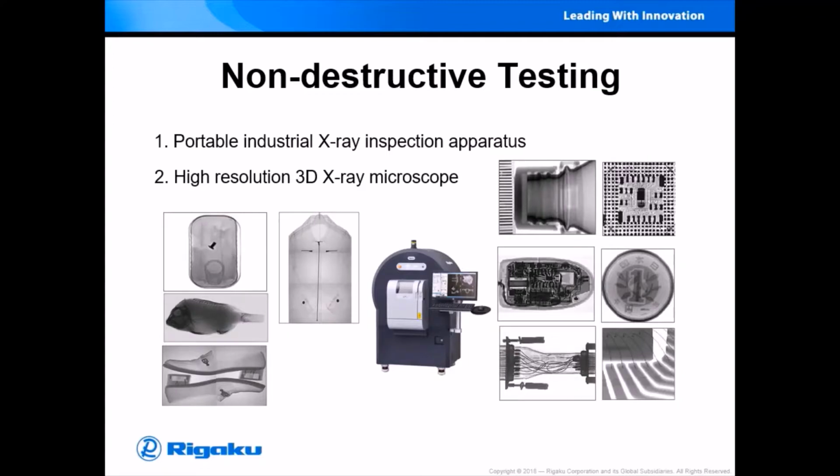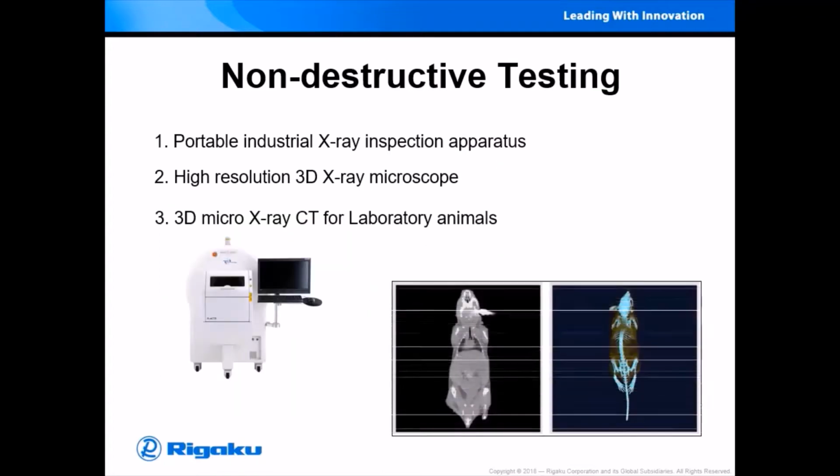The high-resolution 3D X-ray microscope may be used to check PCBs in products of the apparel industry and others. The 3D micro X-ray CT for laboratory animals is the apparatus for experimental animals.